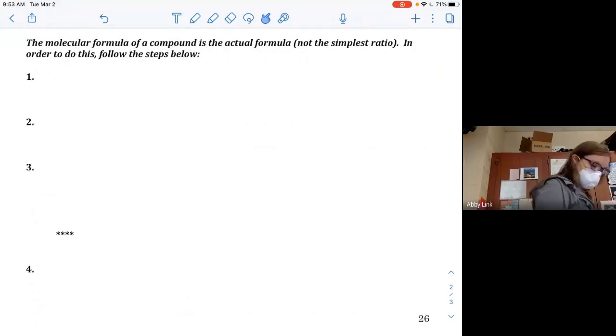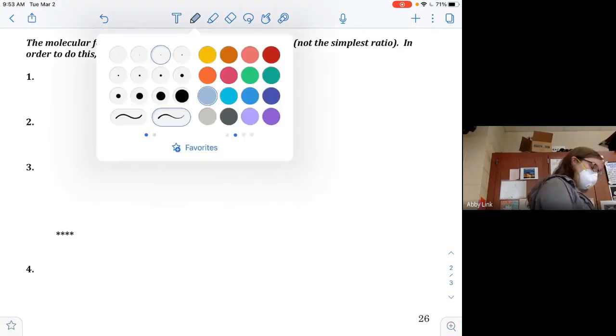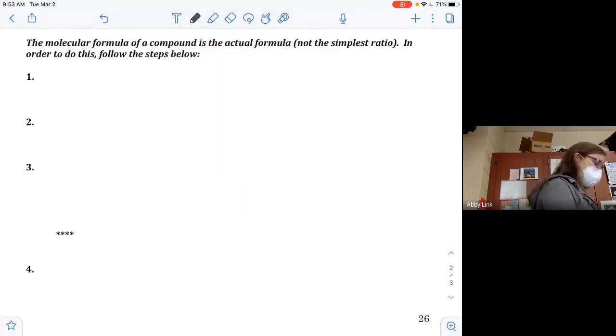on molecular formulas. Okay. Empirical formulas and molecular formulas are heavily related, which is why we're talking about them both, kind of 2 new topics in one day. So here's the definition: a molecular formula is the actual formula, not the simplest ratio. All right, so I want to show you an example of this before we take our notes.